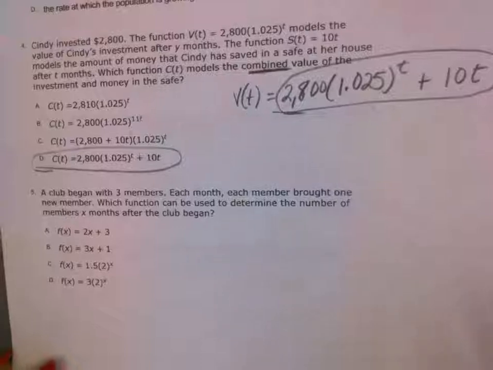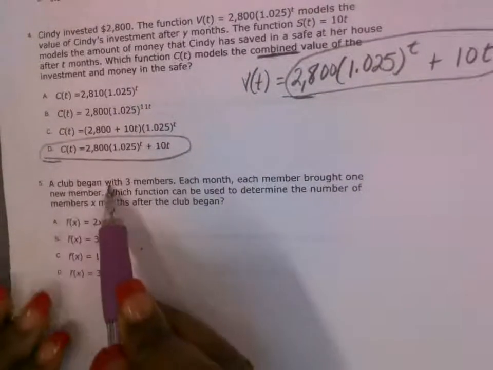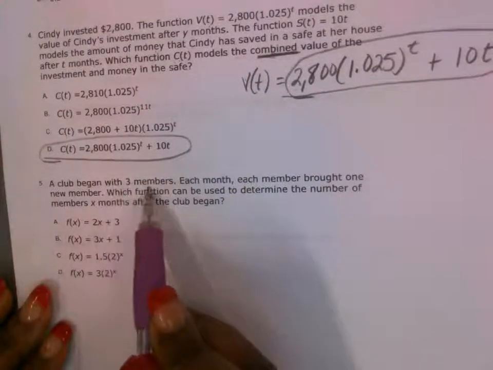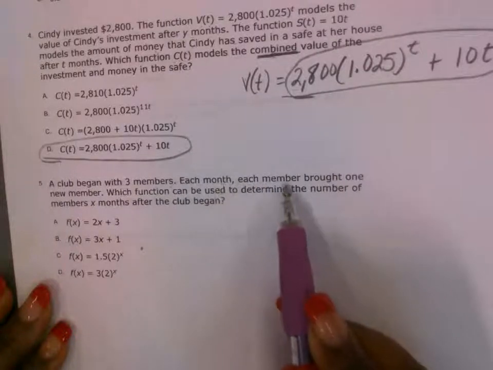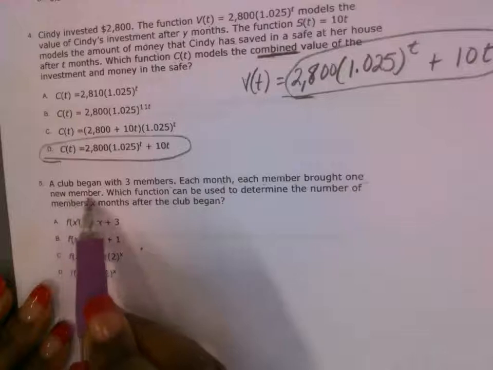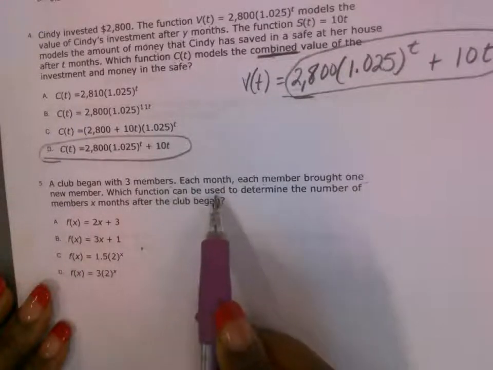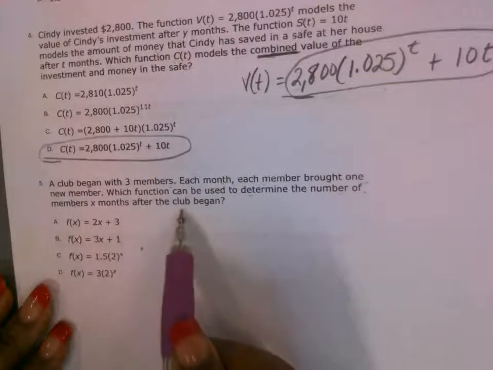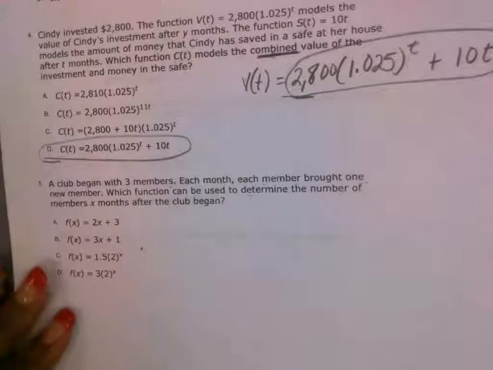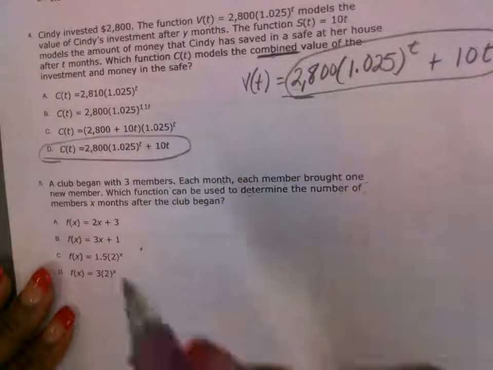Okay. All right. A club began with 3 members. Each month, each member brought 1 new member. It says which function can be used to determine the number of members x months after the club began. So think about it.